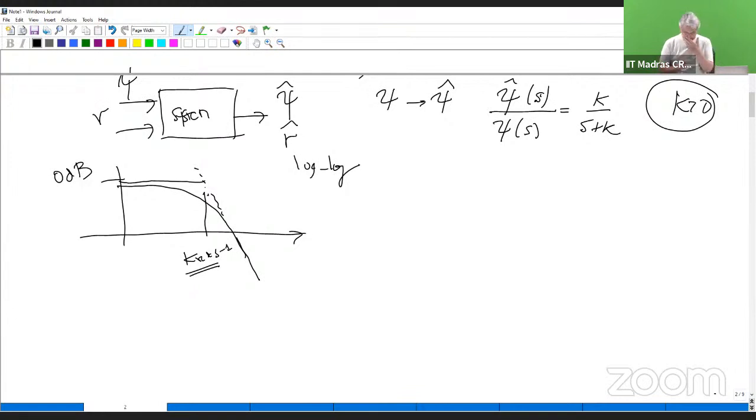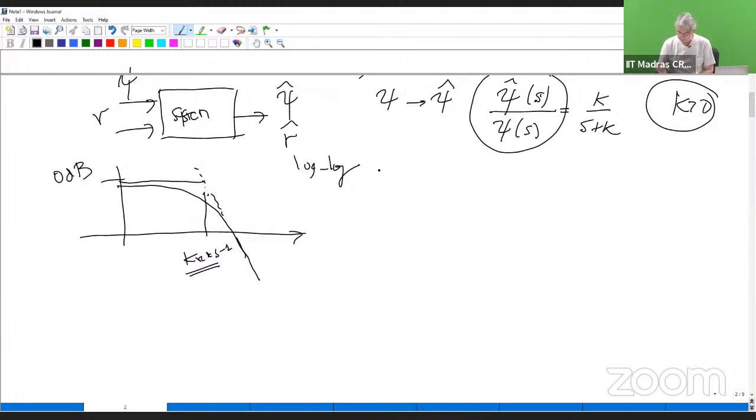Okay, but there's something missing. What about the complementary frequencies? I have looked at the transfer function from psi to psi hat. It doesn't make much sense to compare things yet. If I ask the question, what about the rate gyro? How is it contributing to a good estimate of heading at higher frequencies?